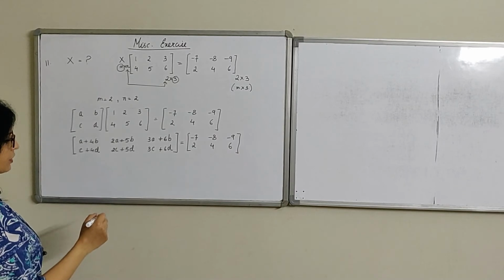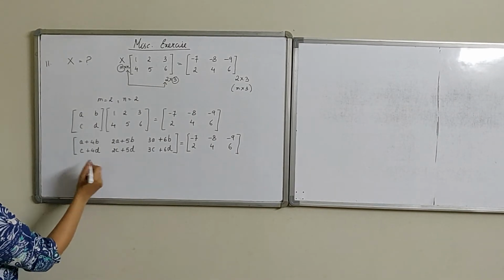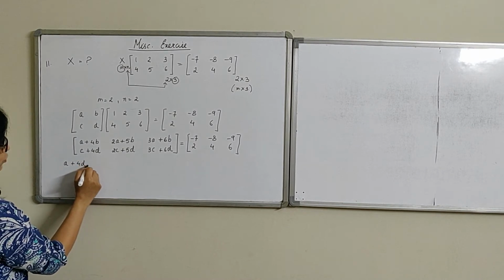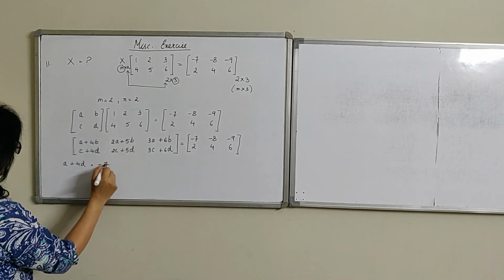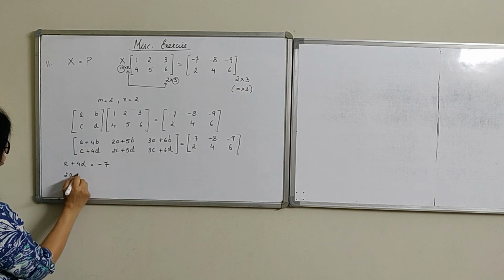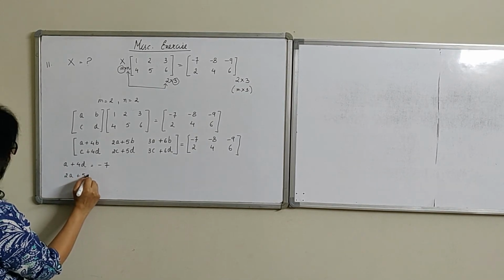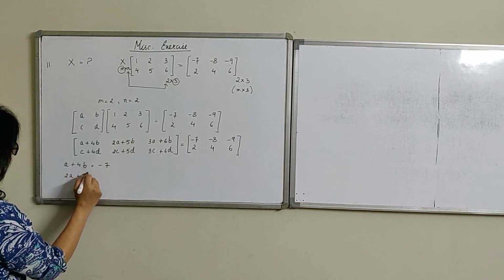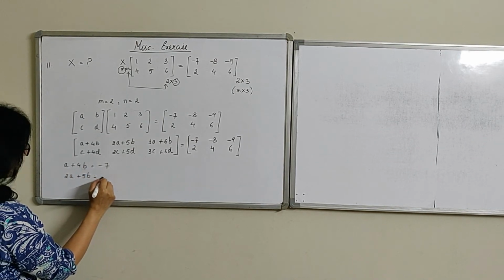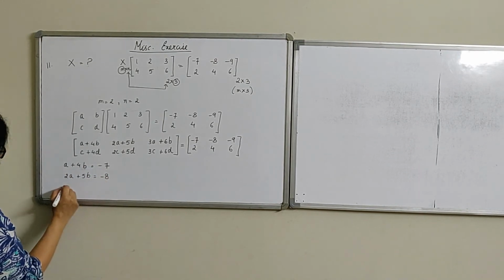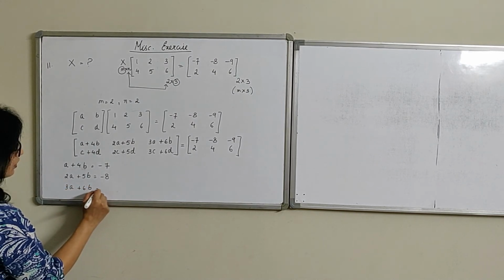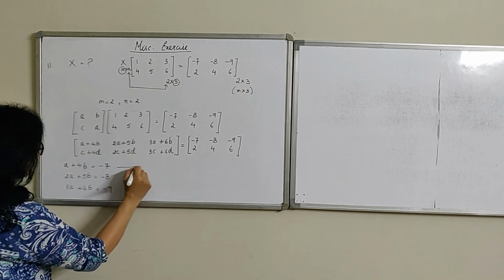The two matrices are equal, so comparing corresponding elements, A plus 4B is minus 7, 2A plus 5B is minus 8, 3A plus 6B is minus 9.